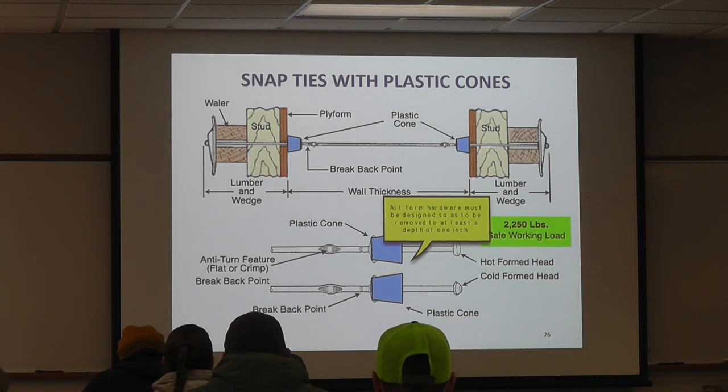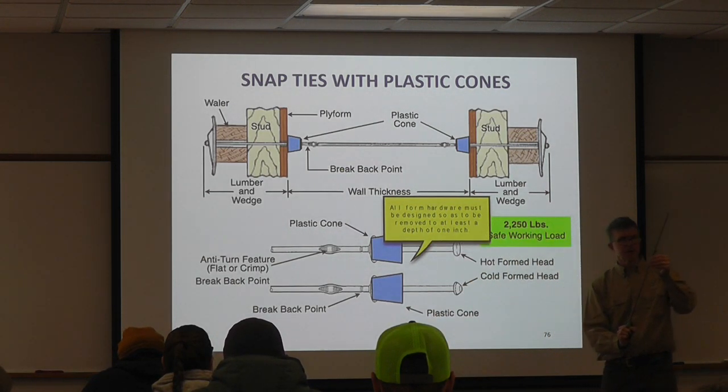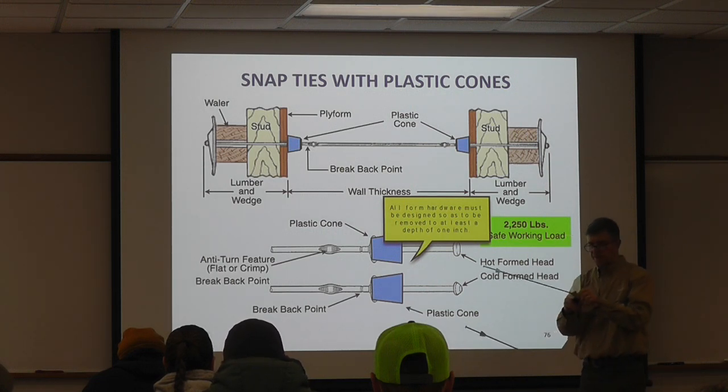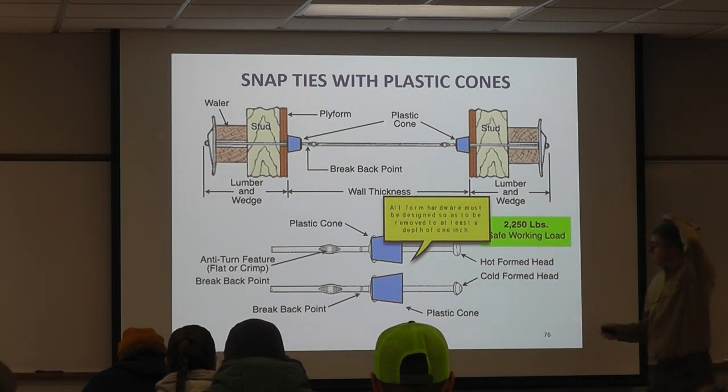So I had mentioned the snap ties, so these are again called snap ties. These little things are an inch, so our specs require that they be able to remove these within an inch. So the little weakened plane is right here, the form would be here, surface of concrete. But then this little cone would be filled after the concrete cures and hardens.